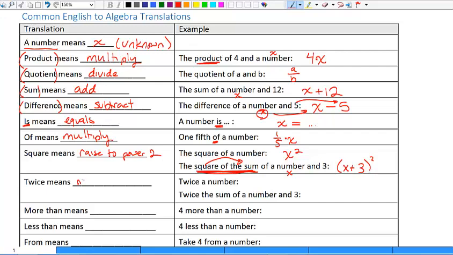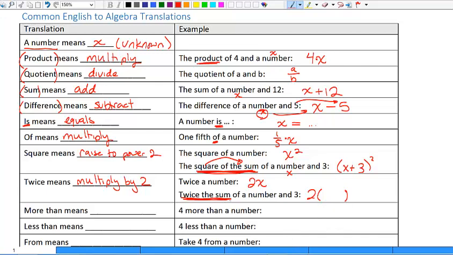Twice means to multiply by 2. So if it says twice a number, that's just 2x. But what if it says twice the sum? Well, I'm twicing the sum, and the sum is the answer to some other addition problem. So I'm going to come in here and erase sum and replace sum with whatever that thing we're adding is.